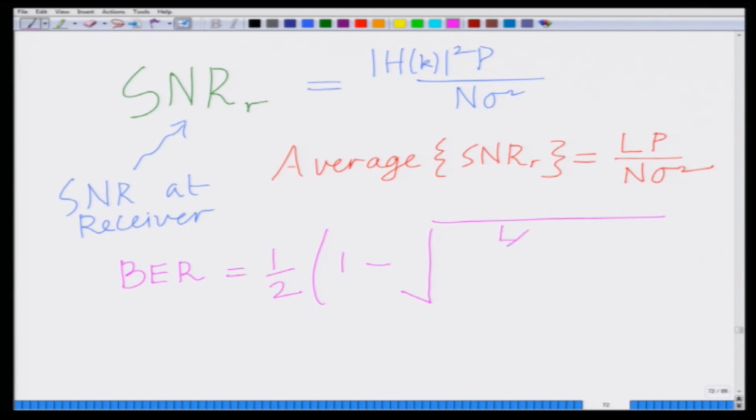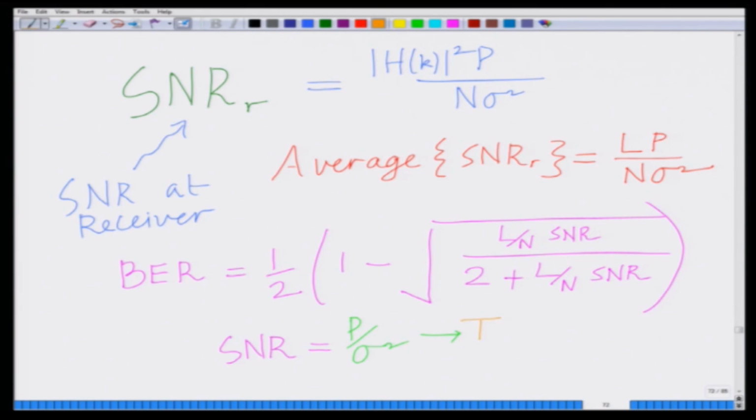So this is L over n times SNR divided by 2 plus L over n times SNR, where SNR, using our standard notation, is P by sigma square. This is the transmit SNR.